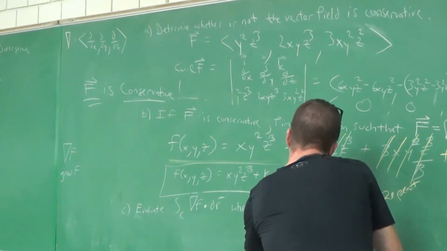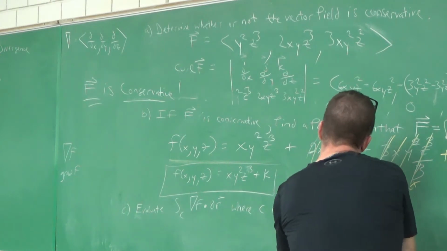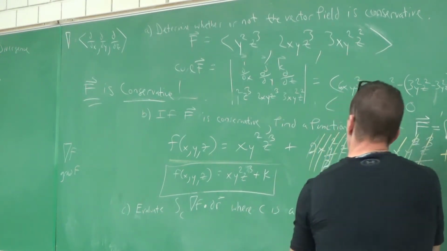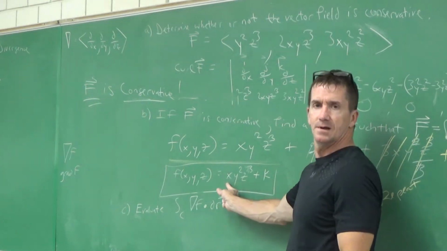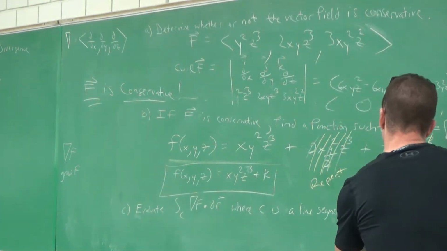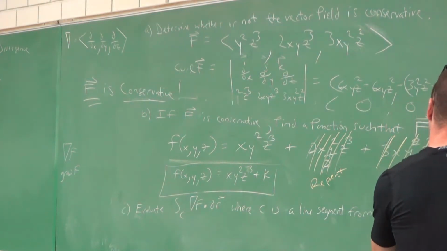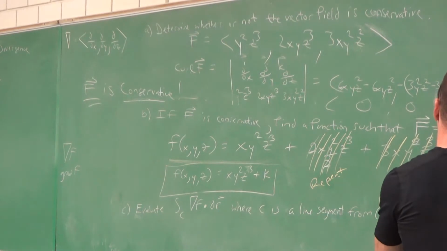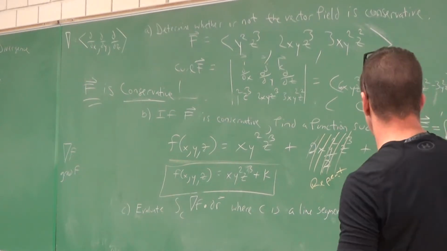C is a line segment from some point in three-dimensional space, how about (2, 0, 4) to the point (3, 1, -2). I just chose two random points in three-dimensional space.